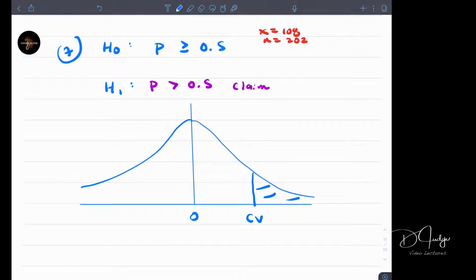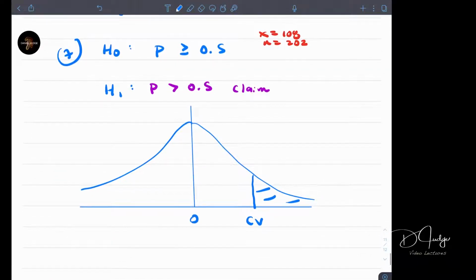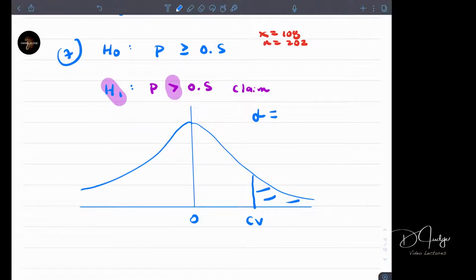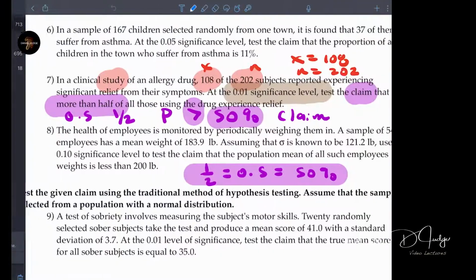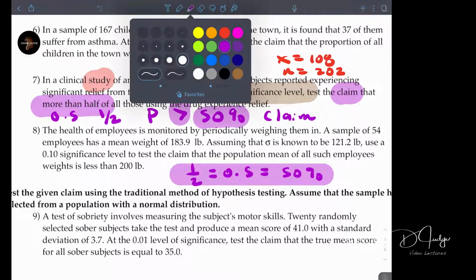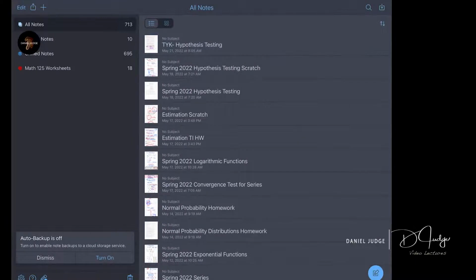Critical value. And, okay, here's my point. Let me remind you guys, you got the alternate hypothesis telling us that this is a right tail. Now, I don't remember the level of significance. I didn't write it down. So I got to go back. What's the level of significance here? For number 7, 1%. It's right in here. It's 1%.